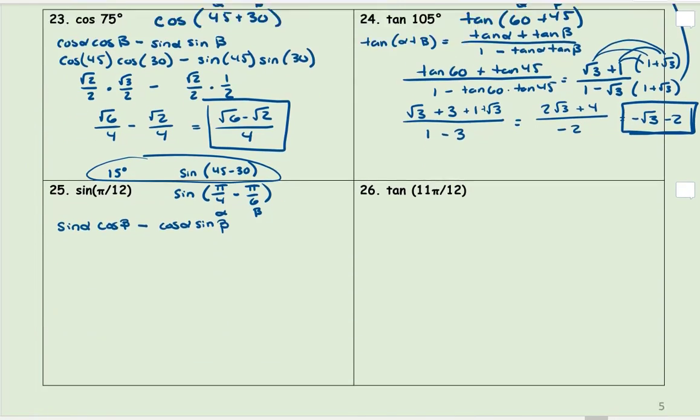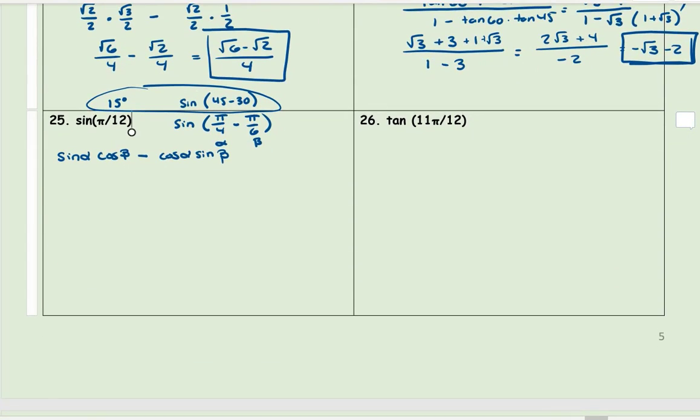And I'm going to go back down here. Okay, so now that we have that, we know that our alpha is pi over 4. So we have sine of pi over 4 times cosine of pi over 6 minus cosine of pi over 4 times sine of pi over 6. So we just plugged in everything that we had.